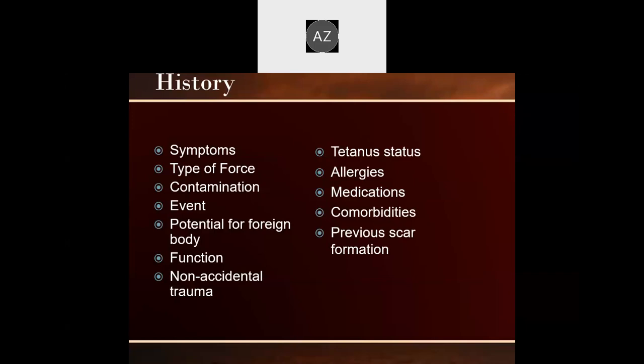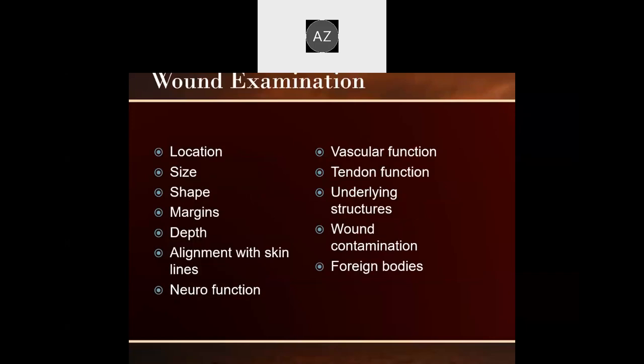See the tetanus status. And then when you are examining the wounds, check on the location. Some locations need dressing. Some locations don't need it. For example, an injury of the tongue, you don't need to dress it.